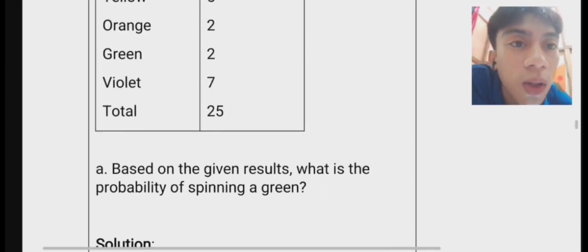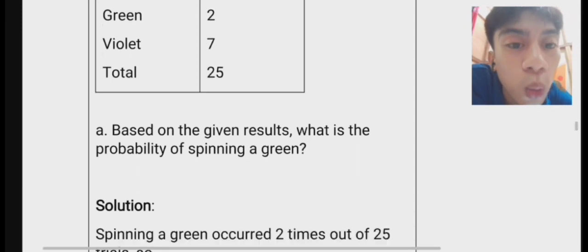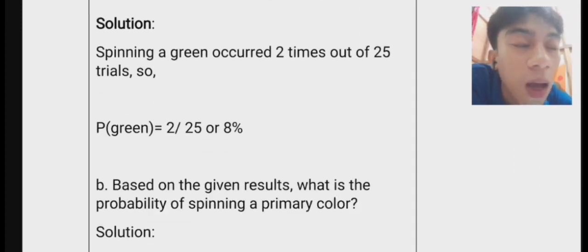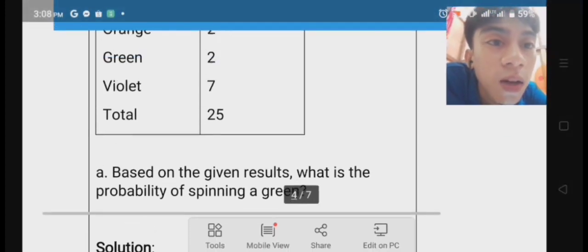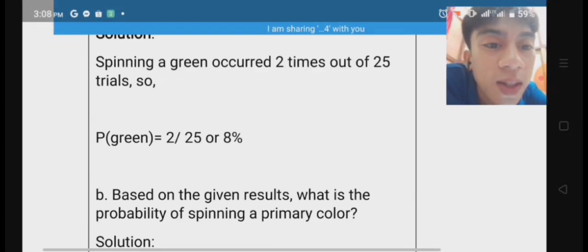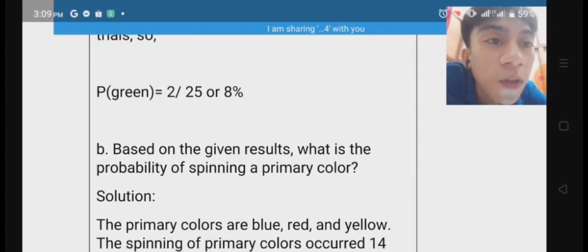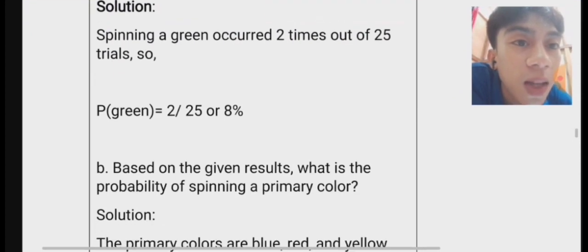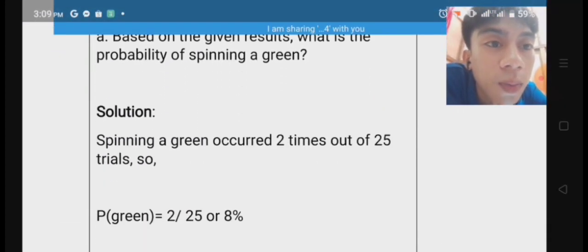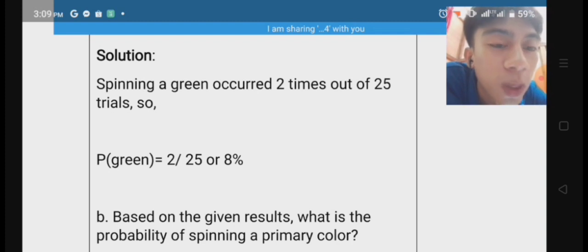We know that the frequency of the green color is 2. Here is the solution or the equation. Probability of green is equal to 2, because 2 is the frequency, and 25 is the number of times that we spun the wheel.